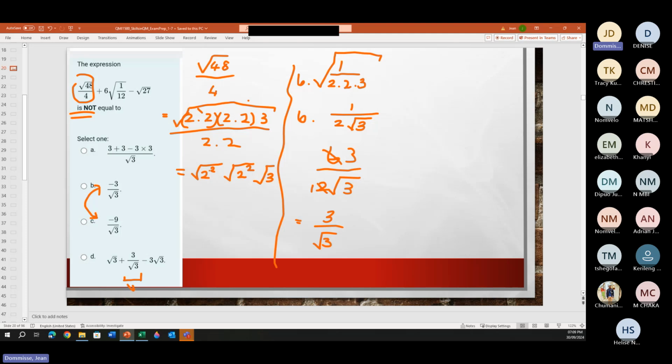Okay, so are you guys happy that we can rewrite it as that? So 2 to the power of 2 covers those two. 2 to the power of 2 covers those two. And then just the normal square root of 3 covers that. And that is over 2 times 2. And then 2 to the power of 2 square root is 2. 2 to the power of 2 square root is 2.